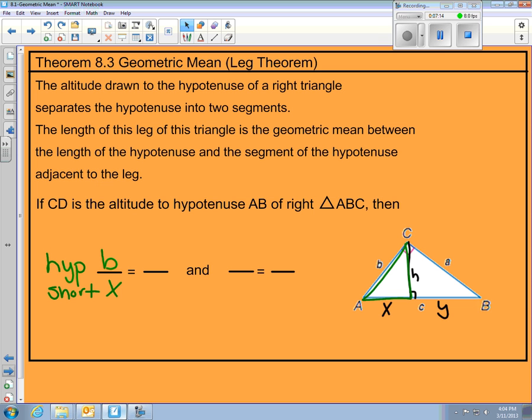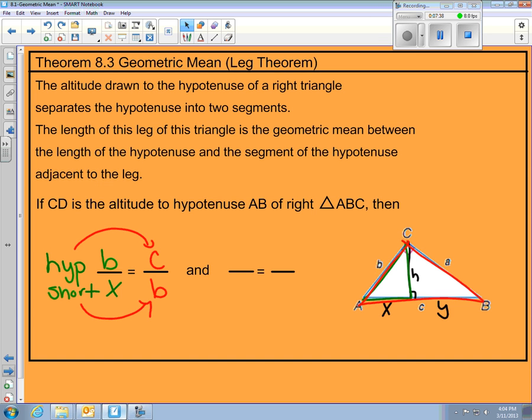Those came from our small triangle. And now we're going to compare it to our large triangle. So again, we're going to do our hypotenuse, and that's C, that's that whole long piece. And then our short leg, which is our B, excuse me. So again, we have our hypotenuse on top and our short leg on bottom.